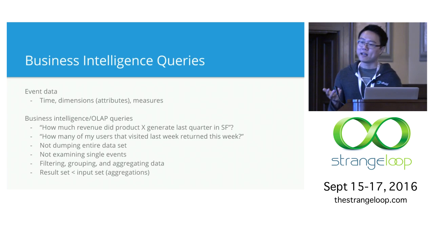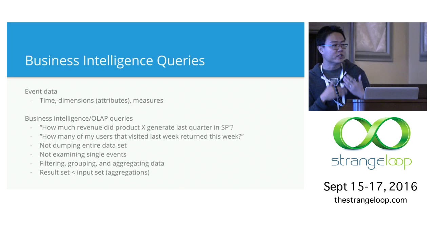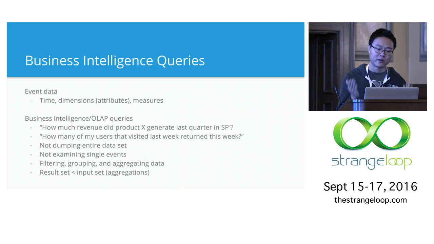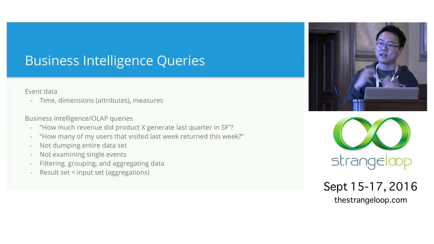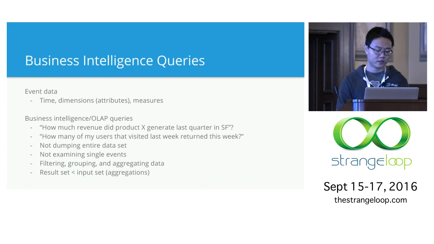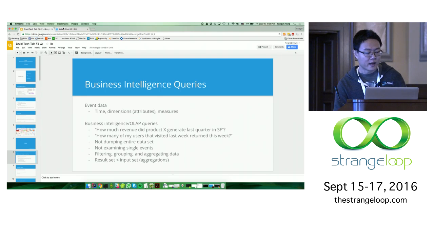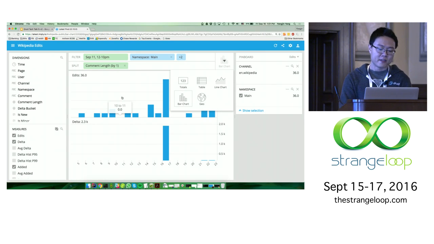What you do instead is you filter the data, or you group it, and you aggregate it. And when you start doing these types of operations on event data, you get a much smaller result set that is easily consumable by the user. So in our demo here, as I was slicing and dicing the data, the amount of data that we're actually visualizing is not a lot, but the total data set could be gigantic.